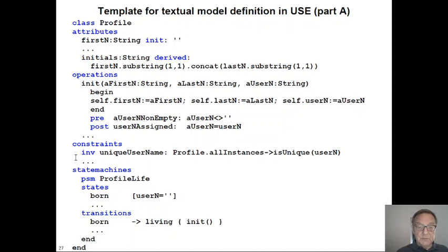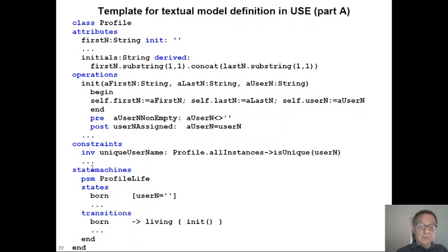One central use of OCL constraints are invariants, and they can be specified inside the class. I have explained this invariant already here. And I've explained this also.